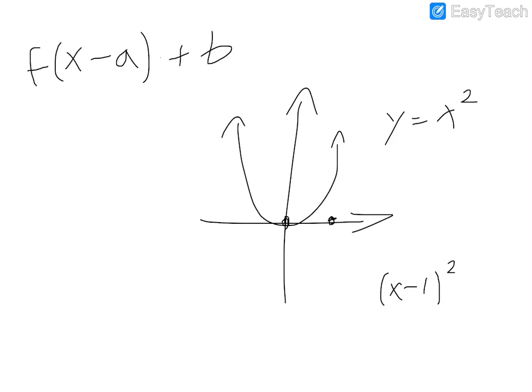And also, when you're moving it horizontally, like the f of x minus a, the reason I'm using the minus is because it kind of goes opposite of what's intuitive, sort of. Because if you're moving it right, you have to do minus, and if you're moving it left, you have to do plus, which makes sense if you think about it, but it's also something weird to consider since it seems backwards.